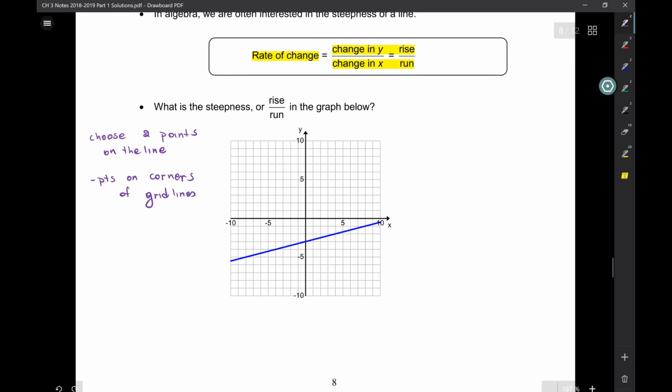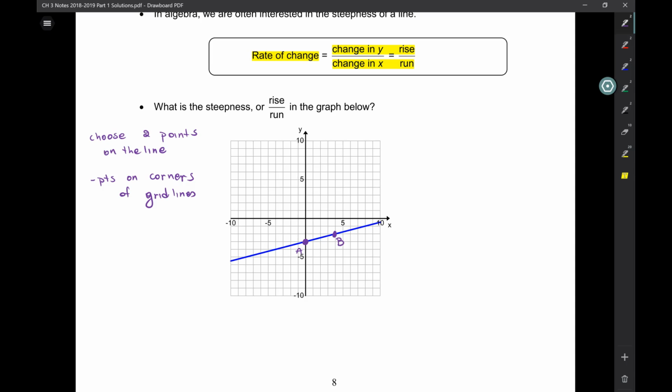So for example, look at this. This is a good point to pick here, right? That's right on the grid line. And then another one is here. And now you have to ask yourself, how do you go from point A to point B? Now, here's what's super important.